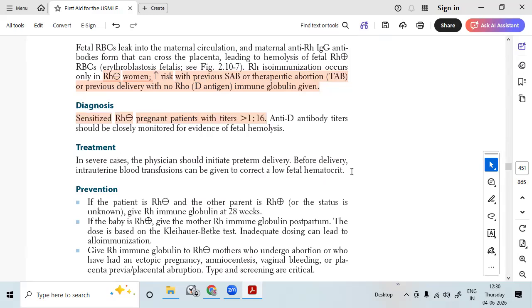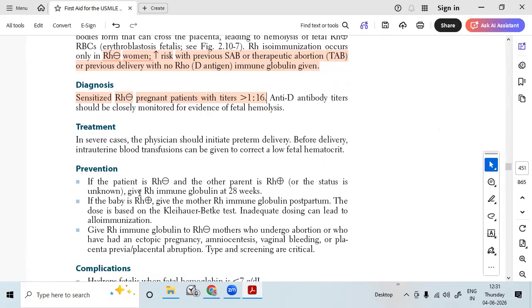Prevention: if the patient is Rh negative and the other parent is Rh positive or the status is unknown, give Rh immunoglobulin at 28 weeks.